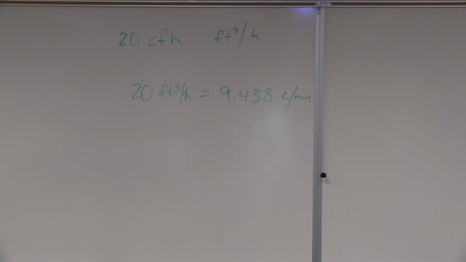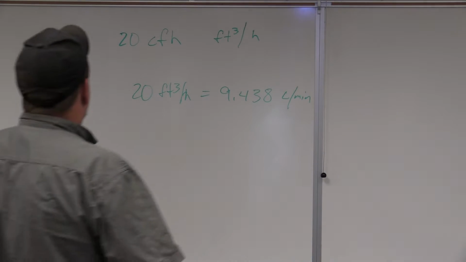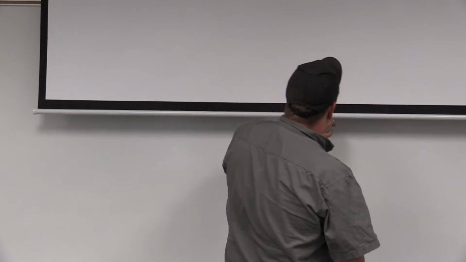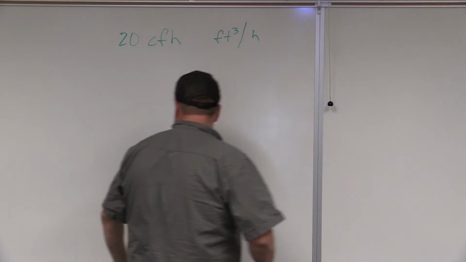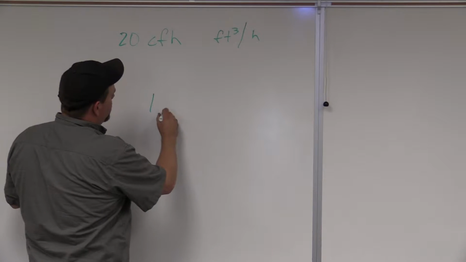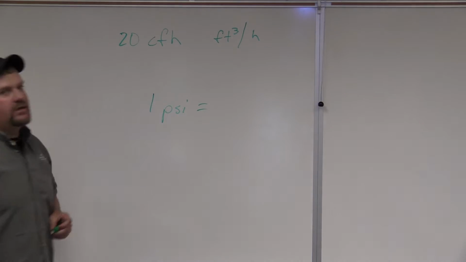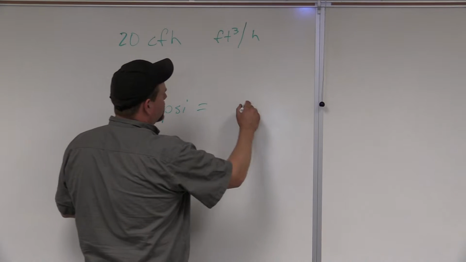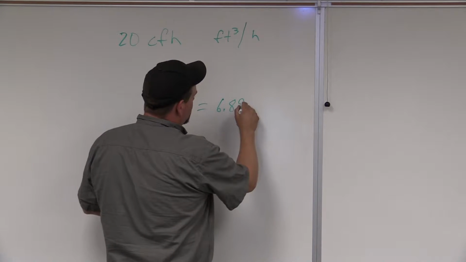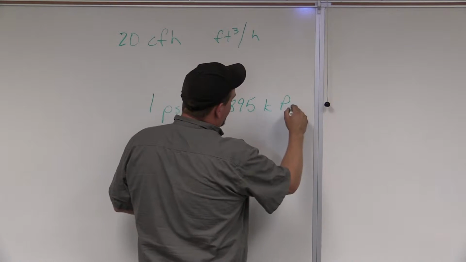Let's look at pascals. There's some different terminology in there that you're not familiar with yet. Look down under pressure: 1 psi converts to kilopascals, kPa. 1 pound per square inch is equal to 6.895 kPa.